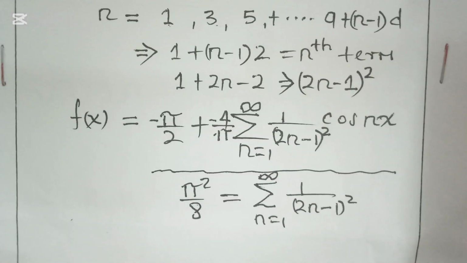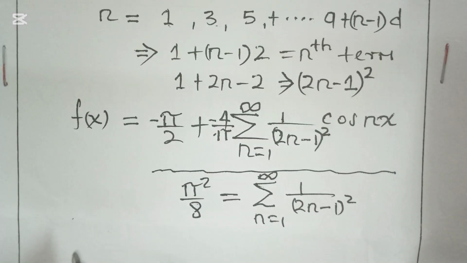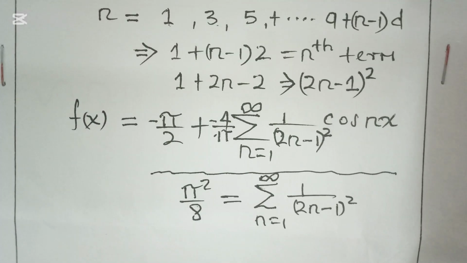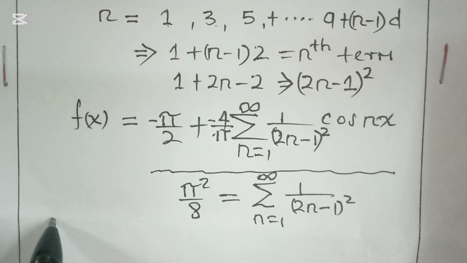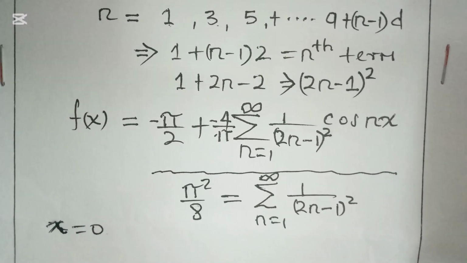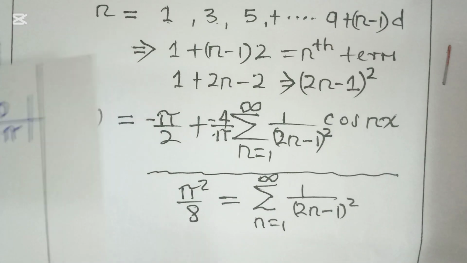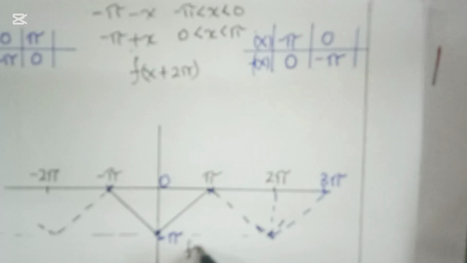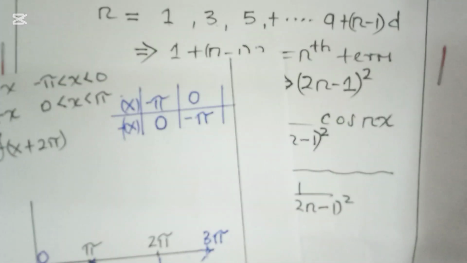So we are told x is supposed to be 0. When x is equal to 0, we come to our diagram here and check, because along this axis is where our x is. x equals 0, so f(x) is going to be -pi.